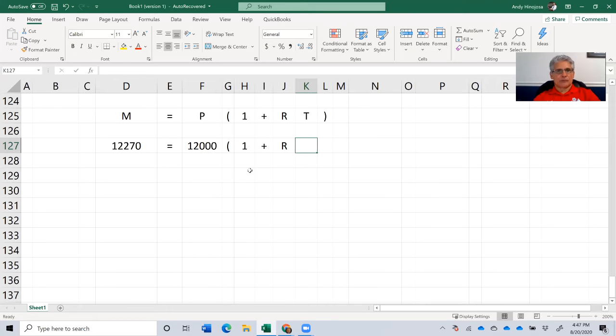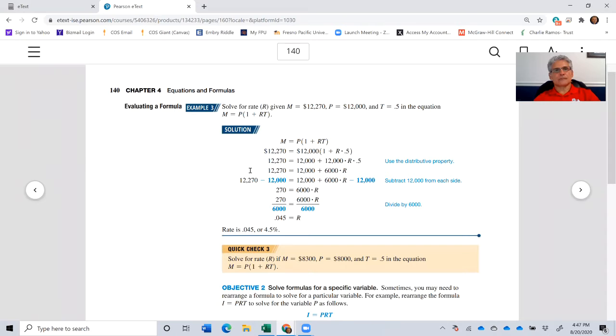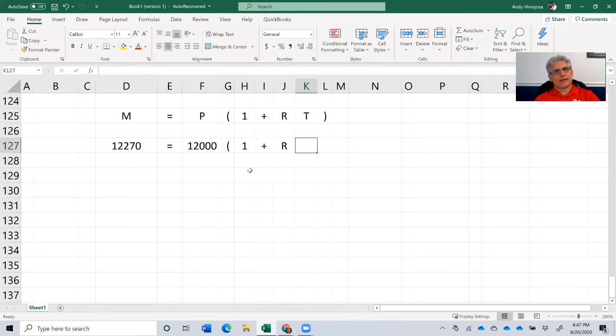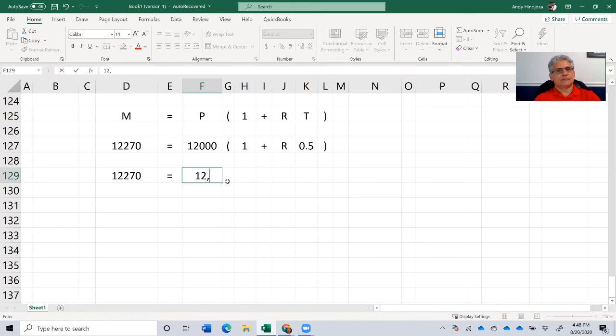That's what we're trying to solve for. And T is 0.5. So we can use the distributive property in this example. So we're going to get rid of the parentheses, and we know that 12,000 times 1 is 12,000.